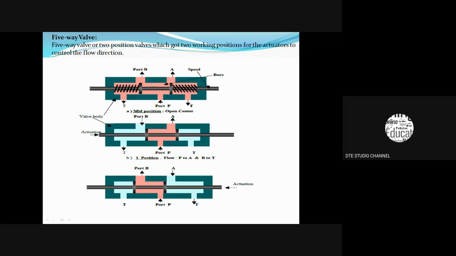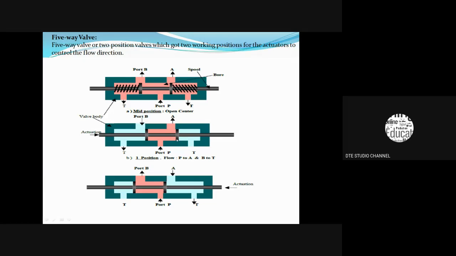Whereas in the middle position, since the fluid flowing through ports A and B remains the same, equal pressure is acting on both ends of the piston, and the piston is in a neutral position. That's why this is the neutral position, which is represented by the middle box in the symbolic representation of the DC valve, and the first and second positions are represented by the end boxes.